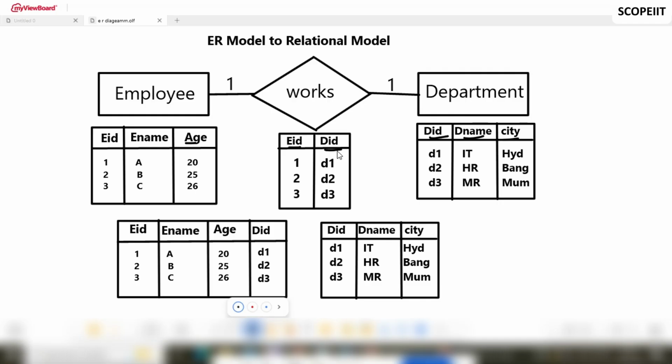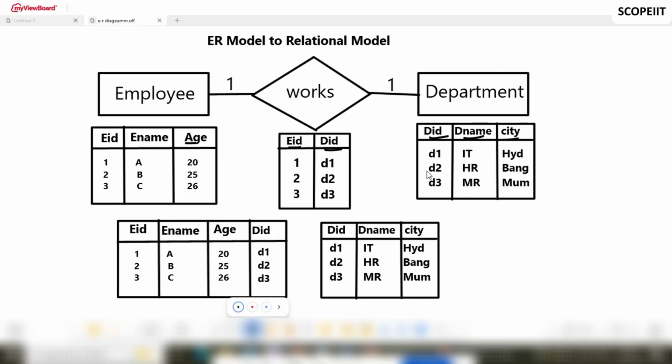So the point is, suppose you want information about any employee, for example, what is the age of employee B, you can get that information. Similarly, if you want information about a department, like in which city department D2 or department HR is located, you can see that.